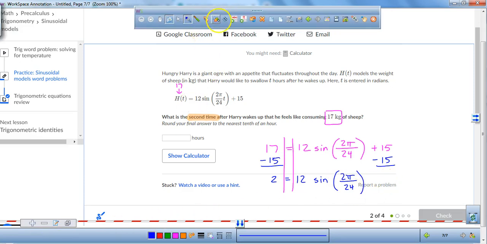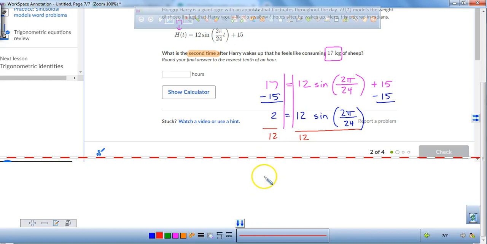Next, we are going to divide both sides by 12. 2 divided by 12 is 1 over 6, equals sine. Oh, I forgot to put a t right here, sorry. All right, pi over 12 times t, close parentheses.